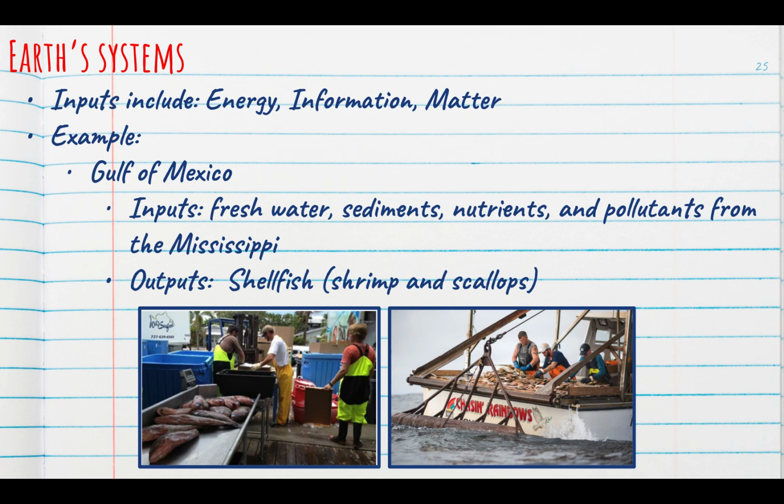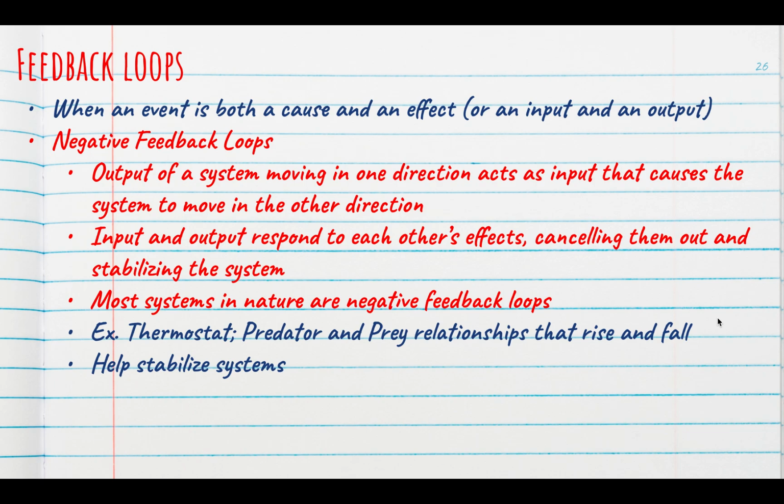But we as human beings, we take something out of that, right? We get fish out of there, we get shellfish, shrimp, scallops, other things. So if any of those inputs are affected, our output that we get out of it can also be affected. The pollution that we put into it, those sediments, all of those things can affect what we get out of it. So inputs are what is put into the system, outputs are what we get out of it.